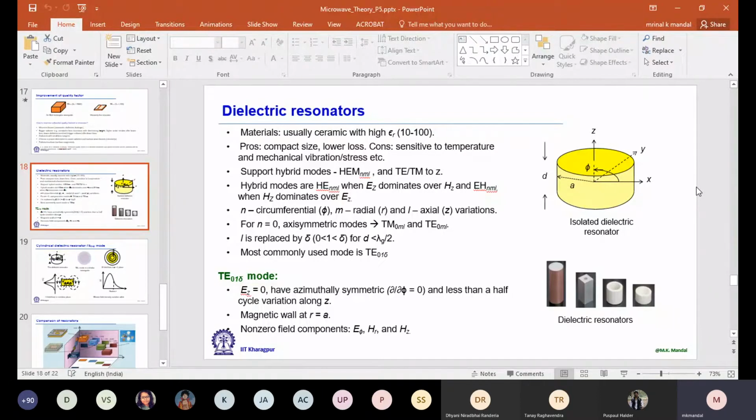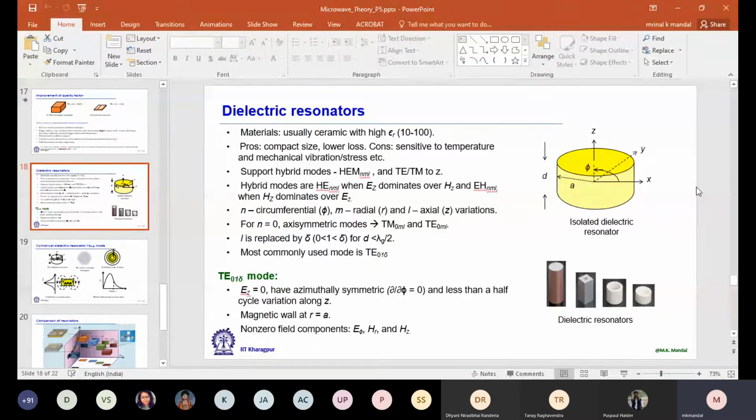So for a cylindrical resonator, we consider the axial direction, Z. Then we say TE or TM to Z, not with respect to X or Y. Other than this, we can also approximate by HE and EH modes. How do we name them?